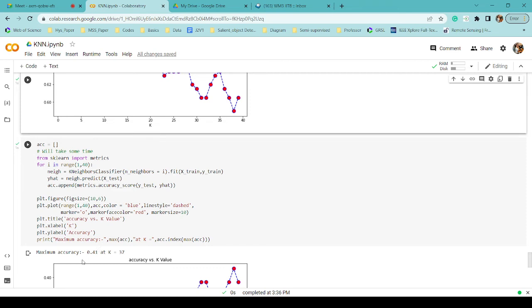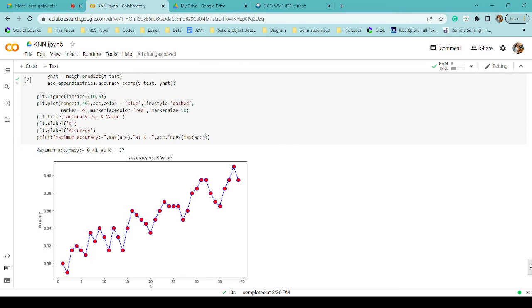And I can see my accuracy was maximum at, again, k equals 37. So if you see the graph, see how my accuracy is increasing. My error was decreasing at all these particular points, and my accuracy is increasing. So at, again, k equals 37, my accuracy is 0.41.